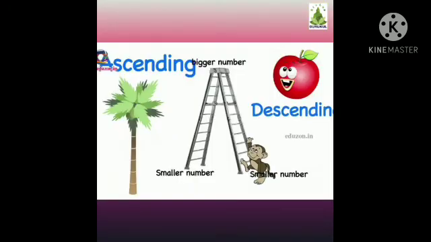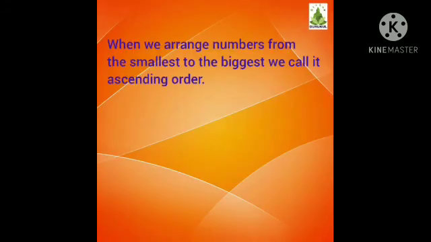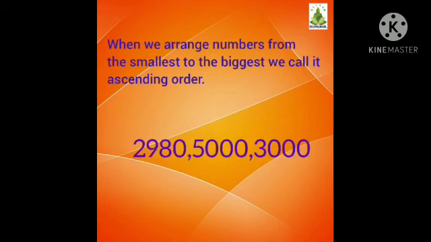Let's learn about ascending and descending order. What do you mean by ascending order? Oh, no problem. I will tell you. When we arrange numbers from the smallest to biggest, we call it ascending order. Here, I have mentioned one example, that is 2980, 5000 and 3000.